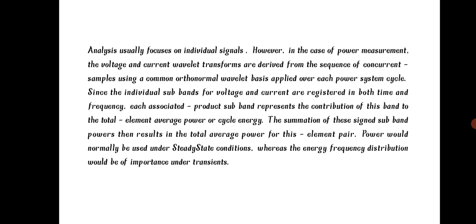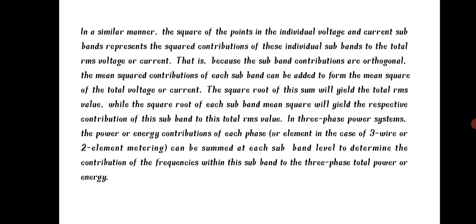Power would normally be used under steady state conditions, while the energy frequency distribution would be of importance under transient conditions. In a similar manner, the squares of the points in the individual voltage and current subbands represent the squared contributions of the individual subbands to the total RMS voltage or current.